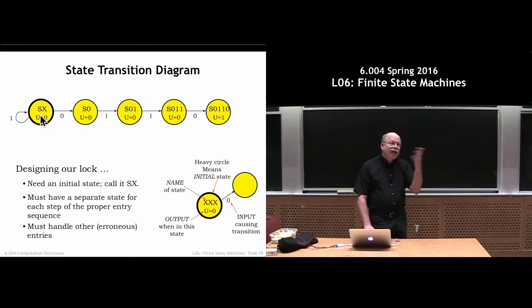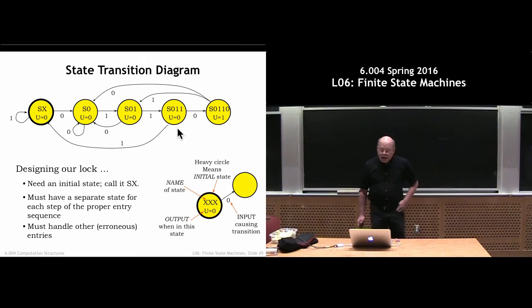A 1 is not a legal first digit of the combination. So if I'm in this state and the input is a 1, then I'm still in the SX state because I haven't seen any part of the combination yet. And so what I need to do is identify for all the states, I should have a transition for a 1 input and a transition for a 0 input. So I can fill all those in here.